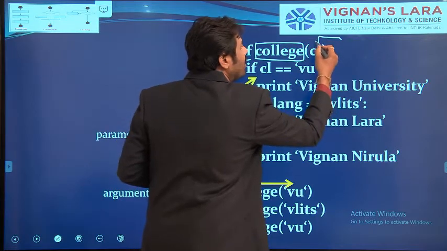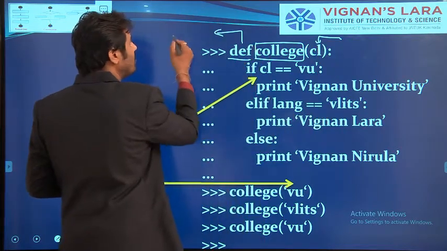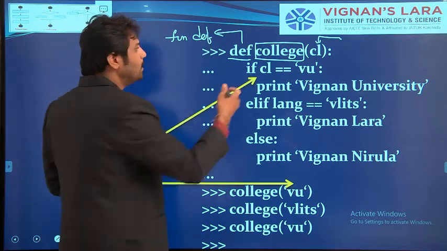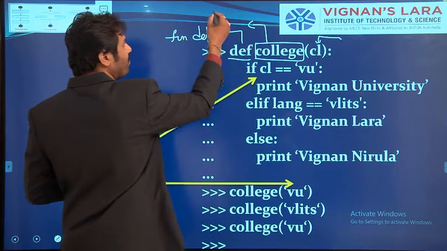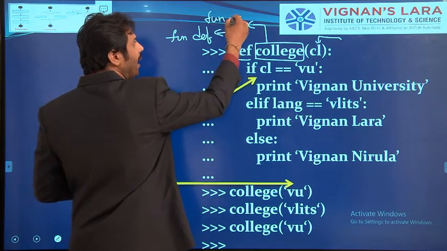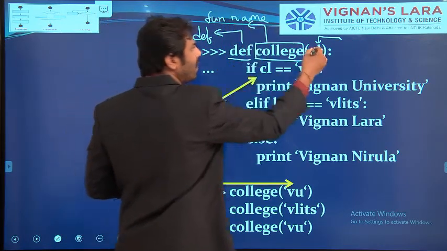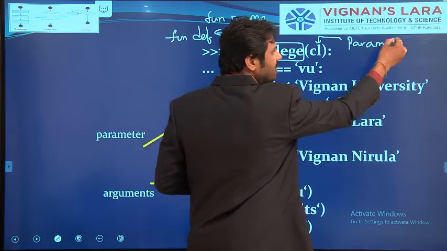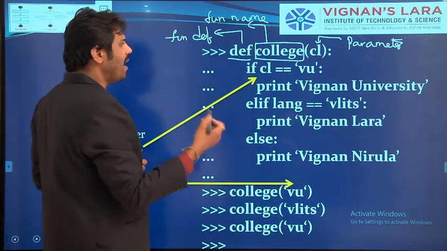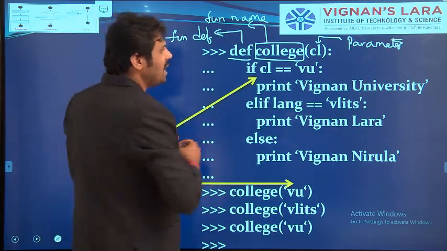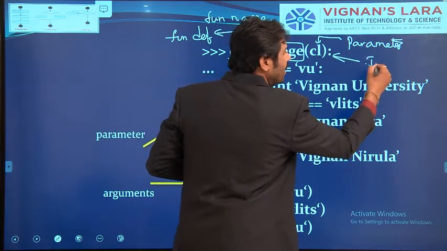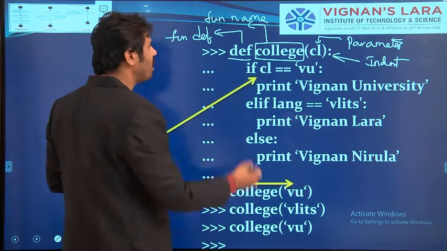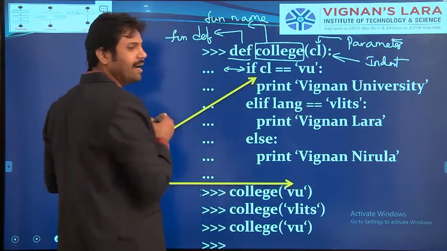So this is the function definition, this is the function name, and this is the parameters, what we discussed. Next, this is the indentation mark, and after that you get an indentation gap.